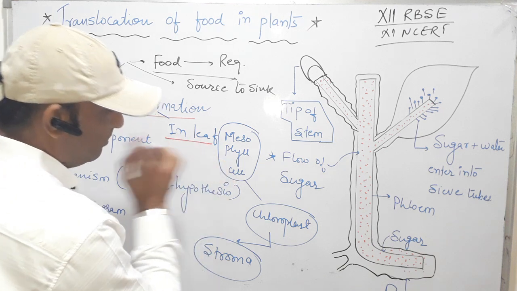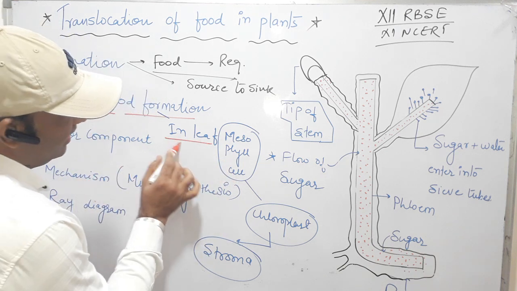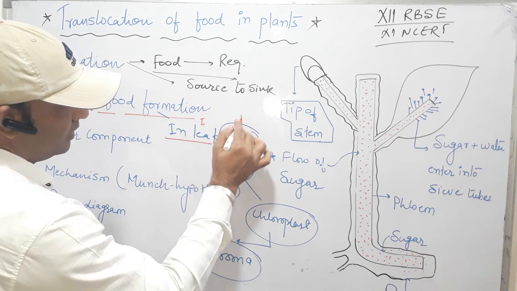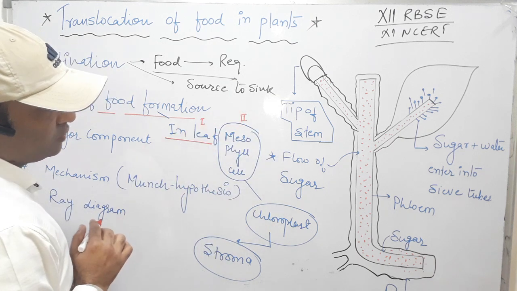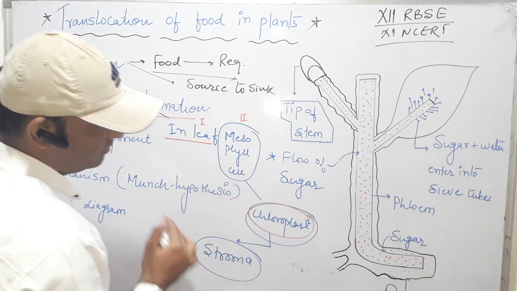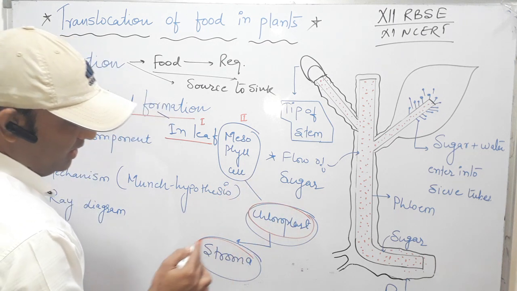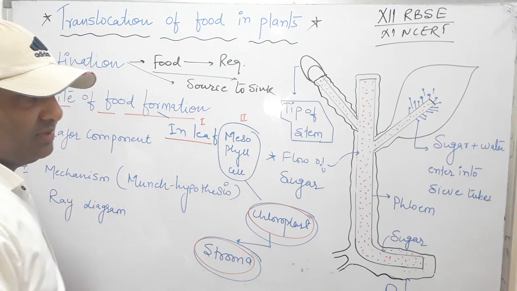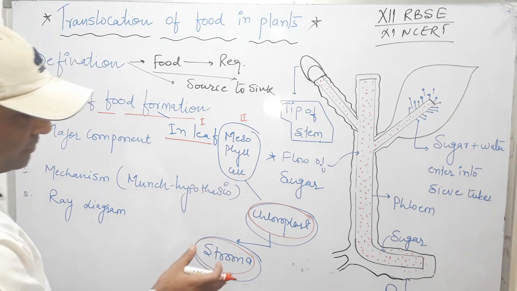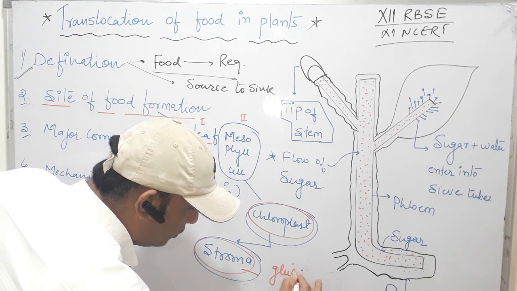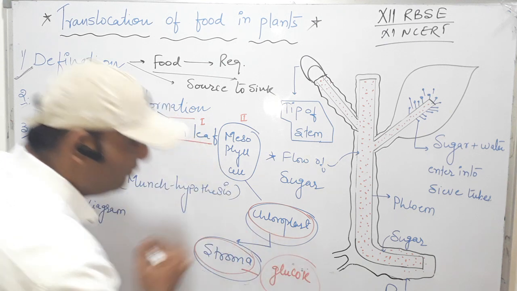So there are many points in the site of food synthesis. First, in the green plant leaf, the mesophyll cell, which is very common. Second, in the mesophyll cell, the chloroplast, and in the chloroplast, the stroma, because in the grana the light reaction takes place, by which it forms ATP, but in the stroma it produces the chemical compound glucose, which is called food.